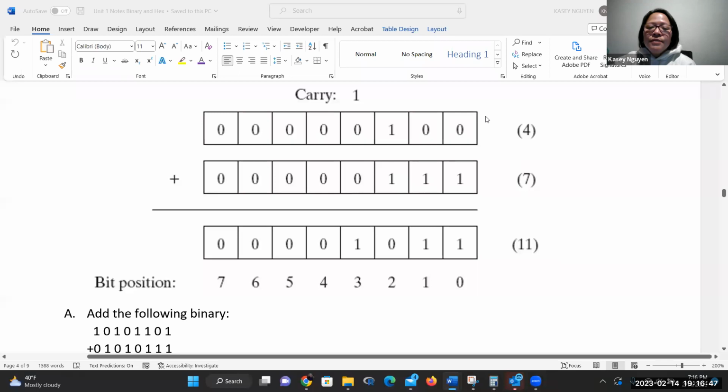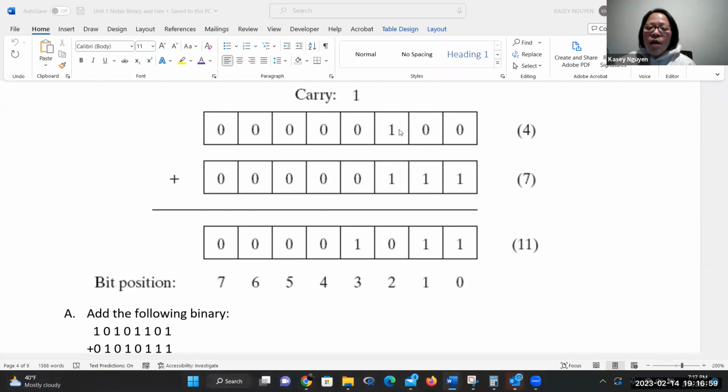As you look at this example, I have 0 plus 1, I have a 1. 0 plus 1, I have a 1. 1 plus 1, it's a 0 with the carry 1. Now, when you do the addition or subtraction in binary, you're going to handle the top 2 at a time.